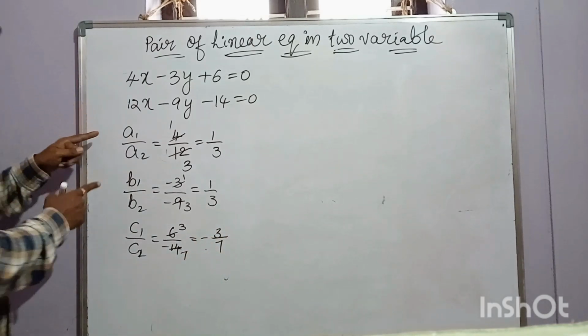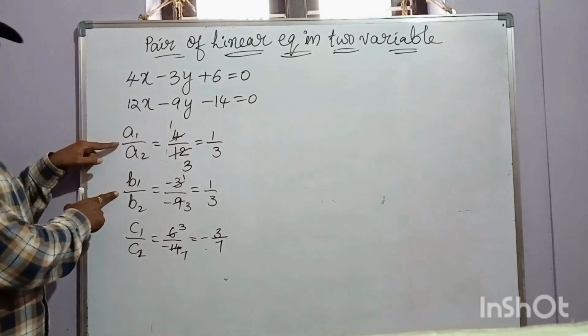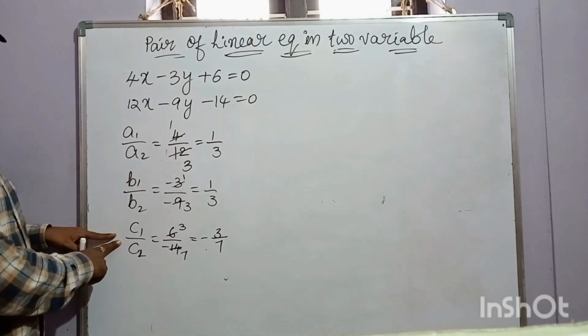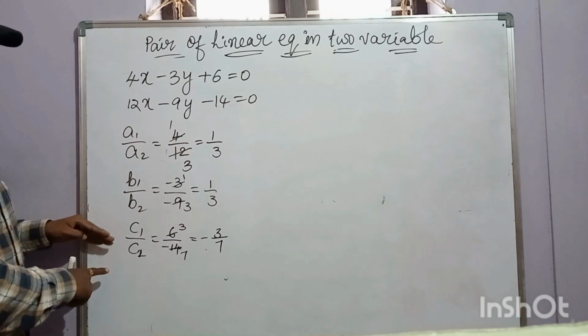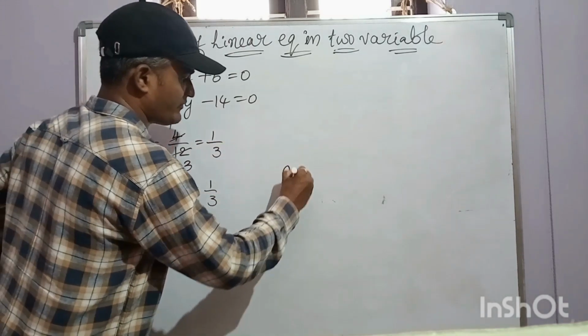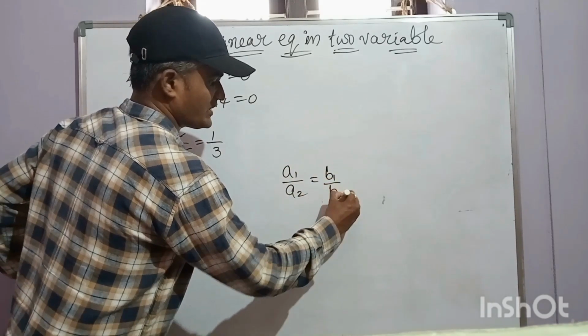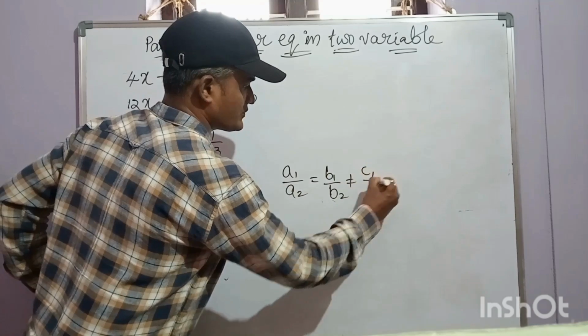So here the first two are equal. I know that when the first two are equal, then we have to compulsorily check the third one. The first two are equal and the third one is not equal here. a1 by a2 is equal to b1 by b2 but not equal to c1 by c2.